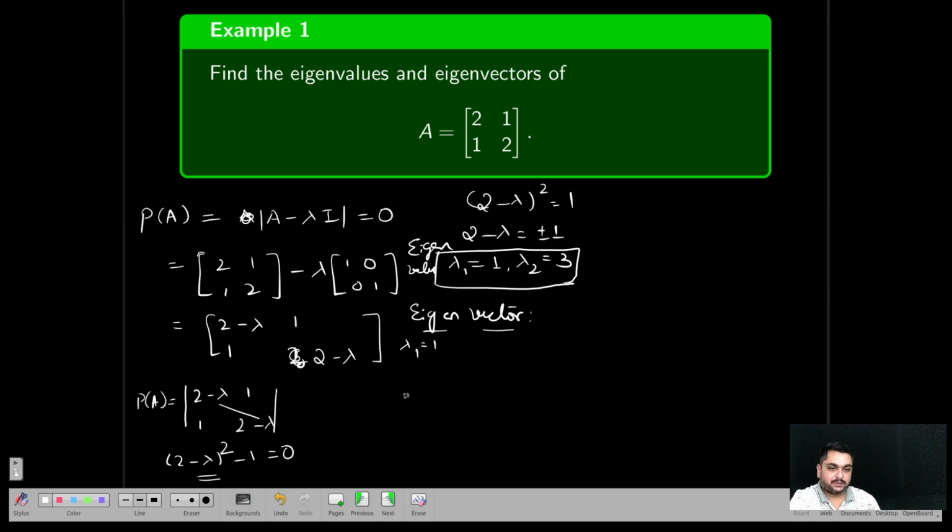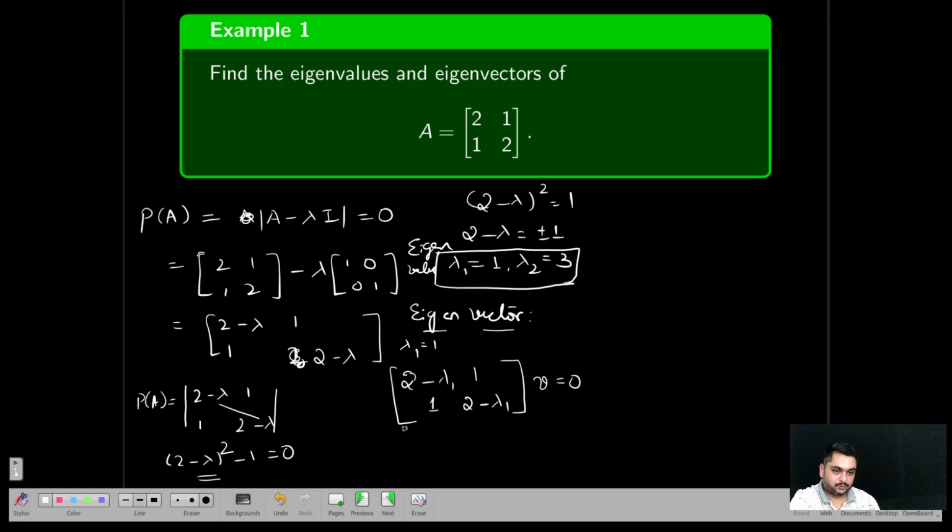In this equation, you get the matrix with 2 minus lambda 1, 1, 1, and 2 minus lambda 1, into this v, is equal to 0.